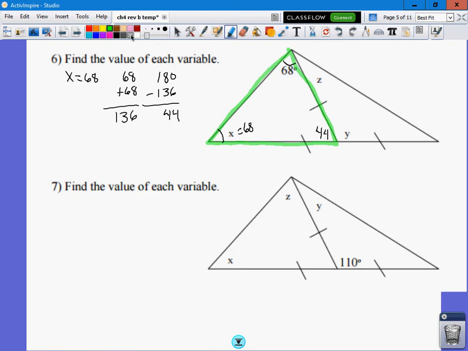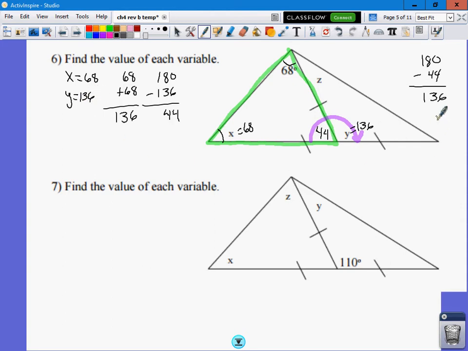I use the concept of a linear pair then to find y. Y is in this other triangle, and I need a measurement over here to get started in it. So I took 180 minus the 44. I'm back at 136 degrees, just like these two were. So y is 136.